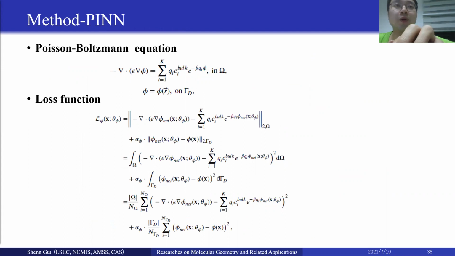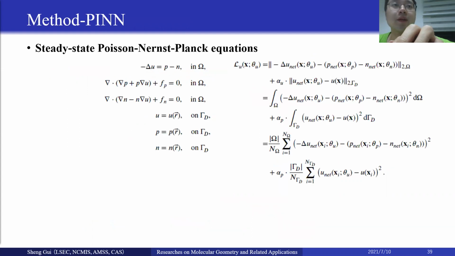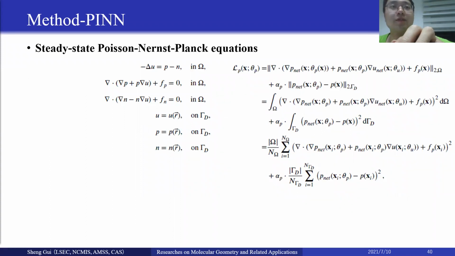We use the Monte Carlo method to calculate the integrals. We also consider the steady state Poisson-Nernst-Planck equations. Similarly, the loss function of the Poisson equation is as follows, and the loss function of the Nernst-Planck equations is as follows.